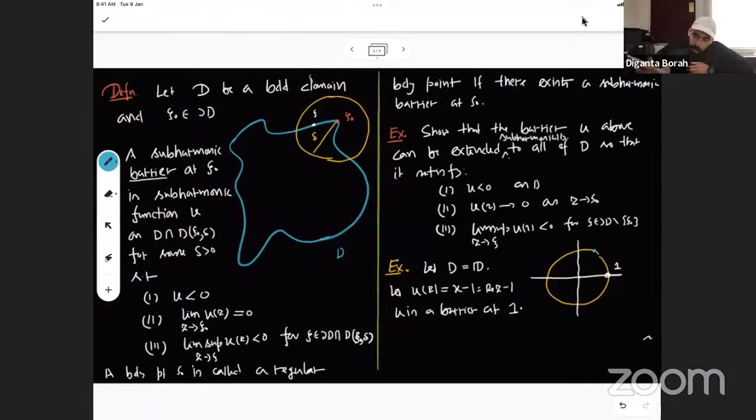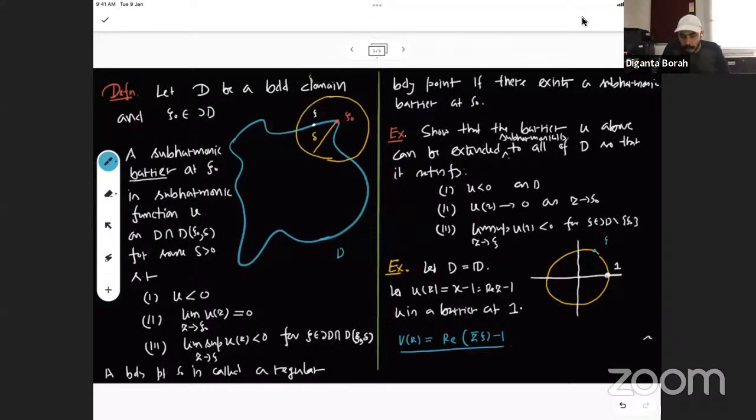Or, if zeta is any other boundary point, for this zeta you can look at V(z) to be, I leave it to you to check, the real part of z bar times zeta minus 1. Check that this function serves as a barrier at this point.